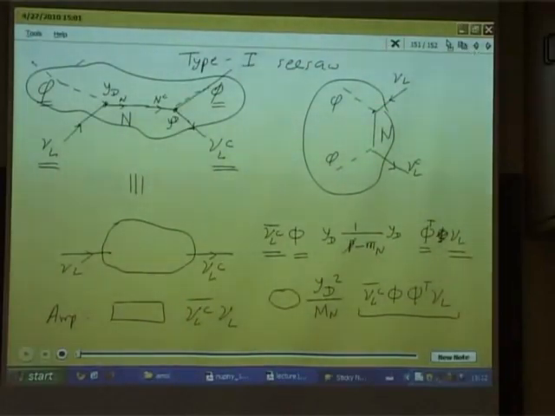So what did I have here? I had only one new particle which propagated. This is a singlet under SU(2) times U(1). Now phi is an SU(2) doublet. Nu is an SU(2) doublet. So L. So therefore, if I combine doublet and doublet, what do I get?